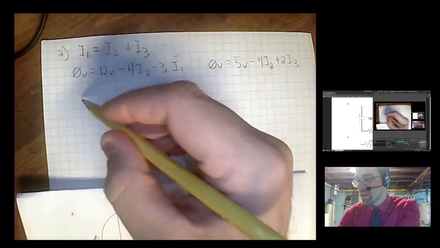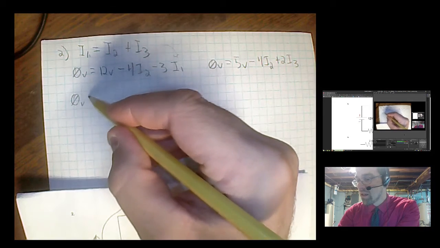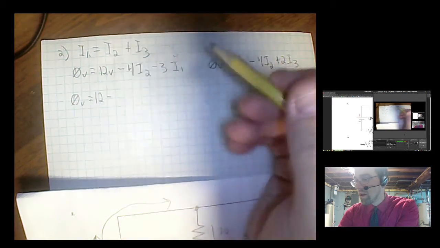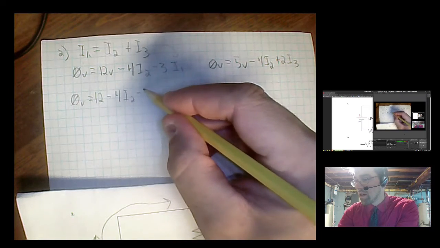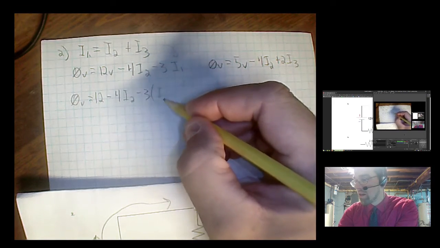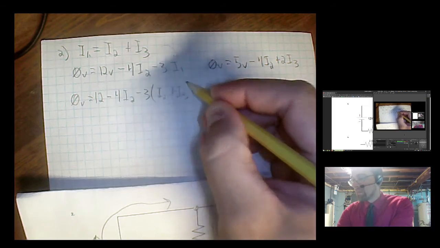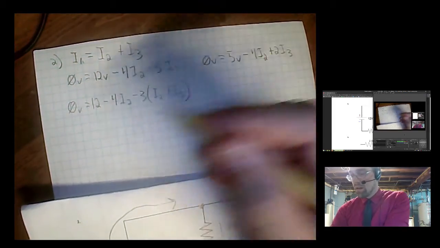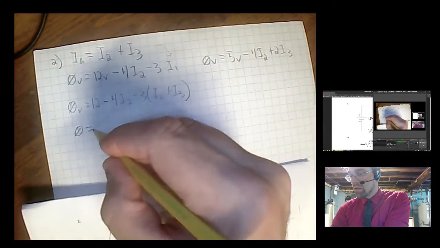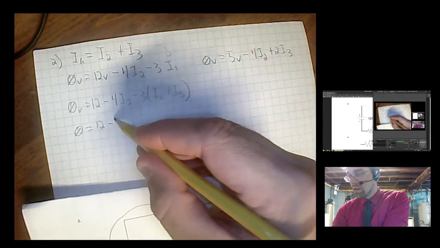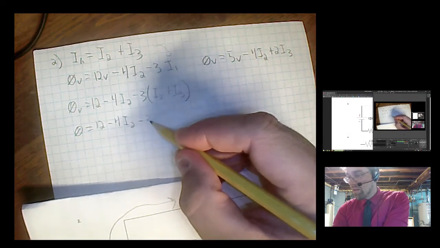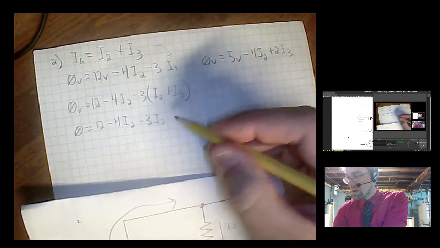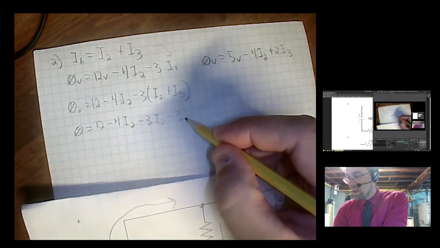All right. Okay, let's distribute, so that's minus 3I2 minus 3I3.